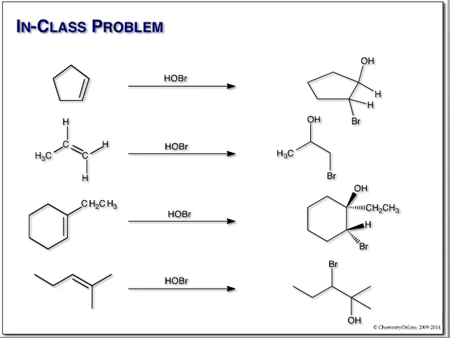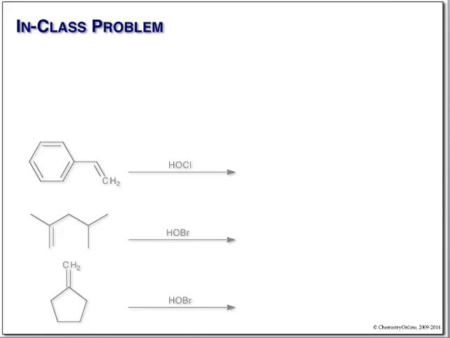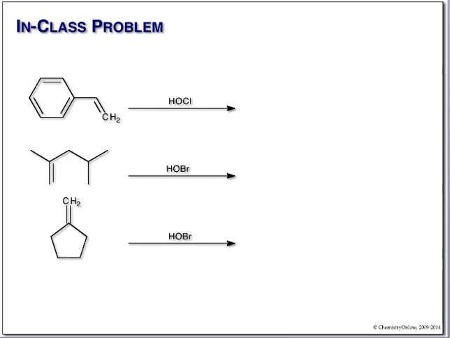We have two examples of anti-Markovnikov: radical addition of HBr, and BH3 followed by oxidation, which gives us an anti-Markovnikov alcohol. Barely remember it. All right, quickly jot down these.